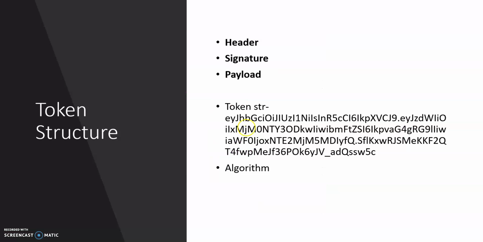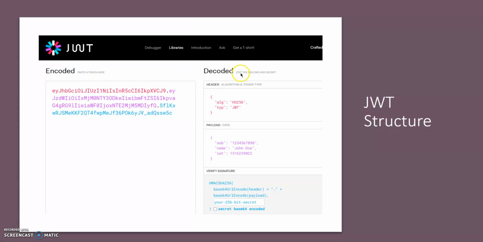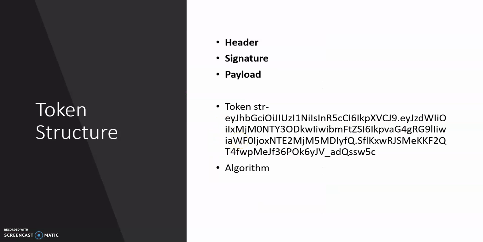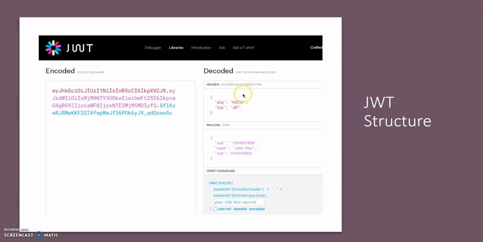The token structure of the JWT, as shown in the screenshot, is header, payload and signature. The header mainly consists of two parts, that is the type of token and the algorithm used. The type of token is basically JWT, and the algorithm used can be HMAC, SHA or RSA.